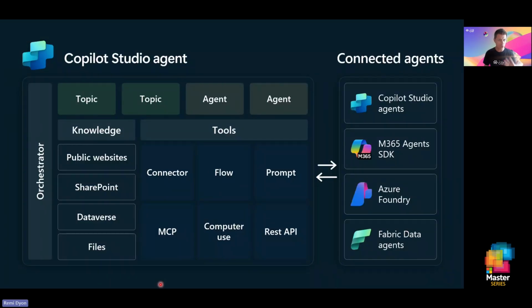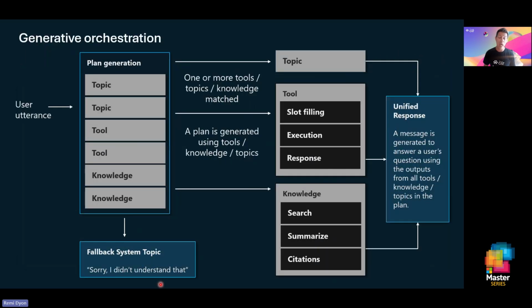Before we dive into the technical aspect of multi-agent architecture, it's really important to understand how we are able to orchestrate multiple agents. Multiple agents are only available in Copilot Studio if you turn on generative orchestration. Generative orchestration is a way for Copilot to understand the user utterance, generate a dynamic plan that is going to use multiple topics, tools, and knowledge, and orchestrate them in a particular order to accomplish a task, and then generate a unified response.